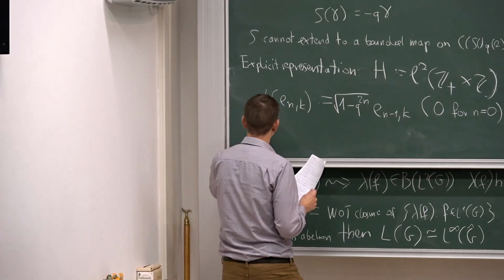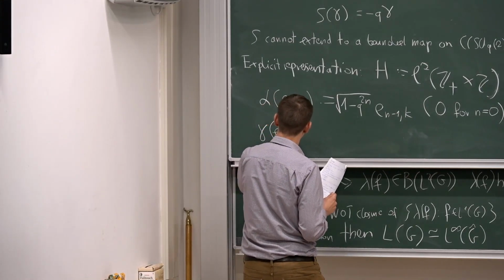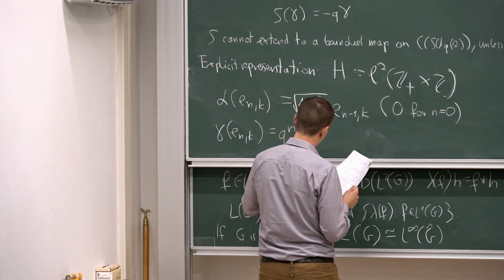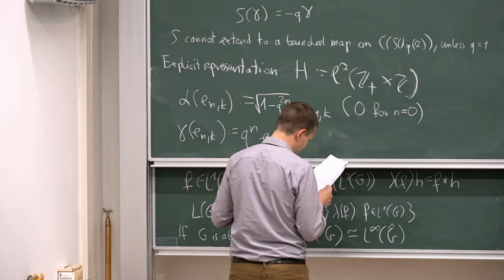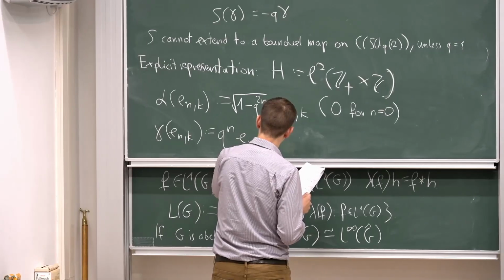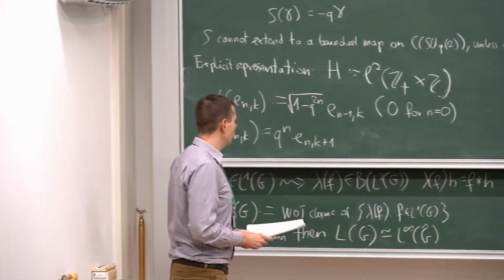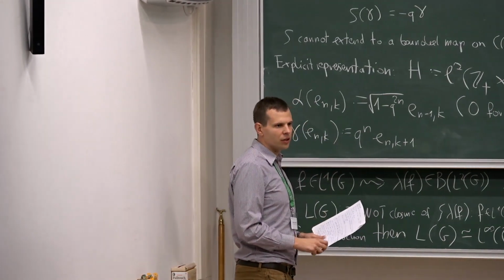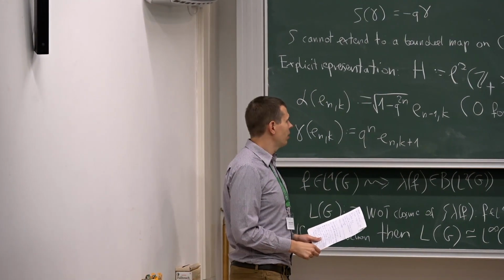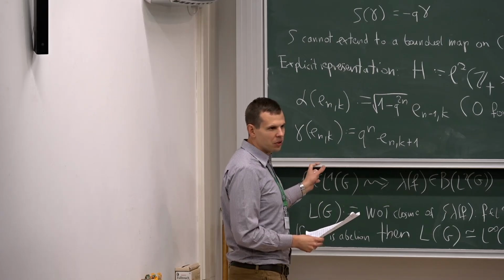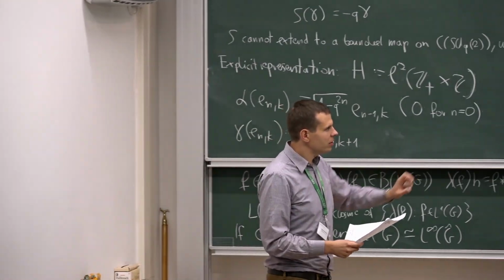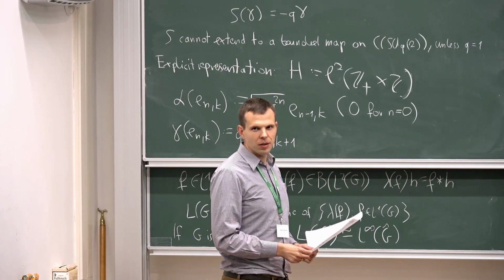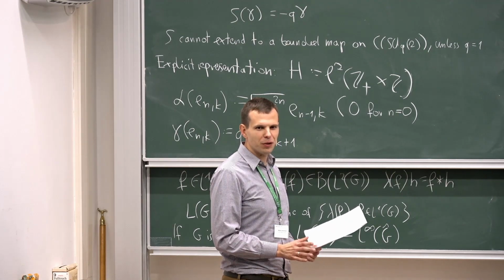And then gamma on e_n,k is q to the power n e_n,k+1. So this is a shift on this Z part, so it's a bilateral shift, a slightly nicer operator. And then you can check that with these operators, the defining relations of this C-star algebra C(SU_q(2)) are satisfied. Okay, and I think you deserved lunch.